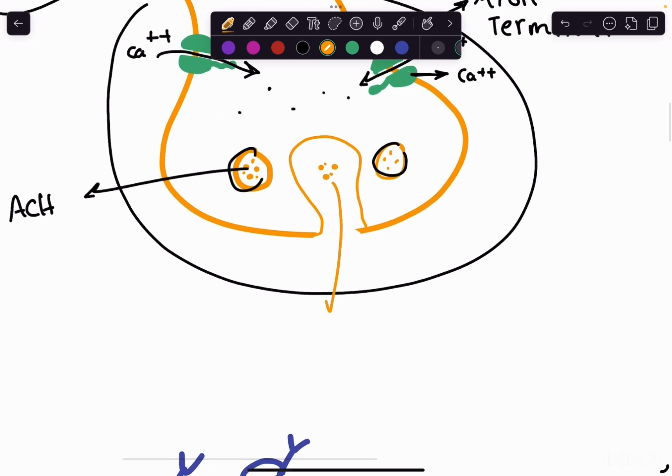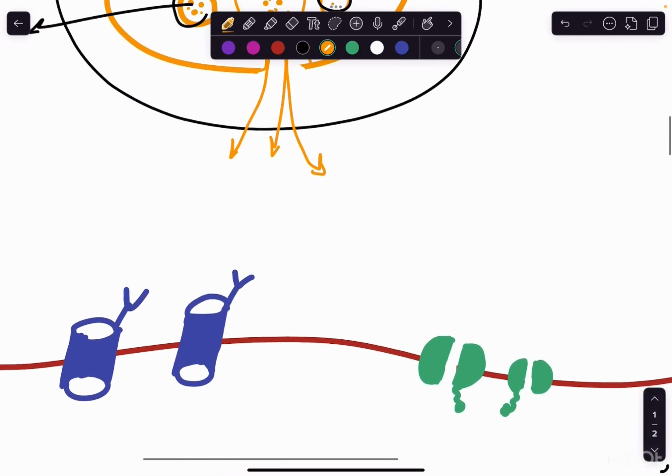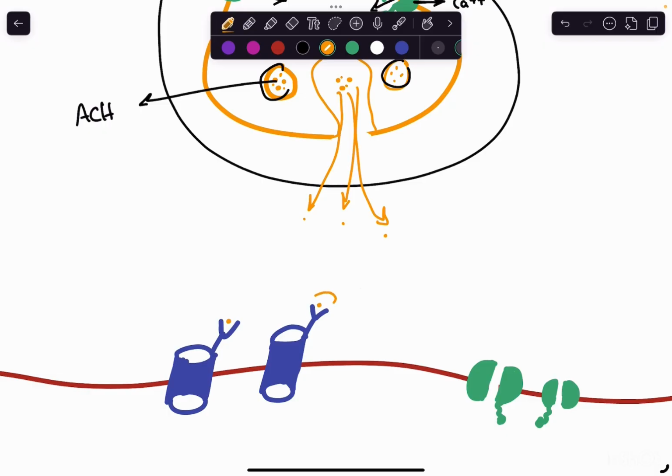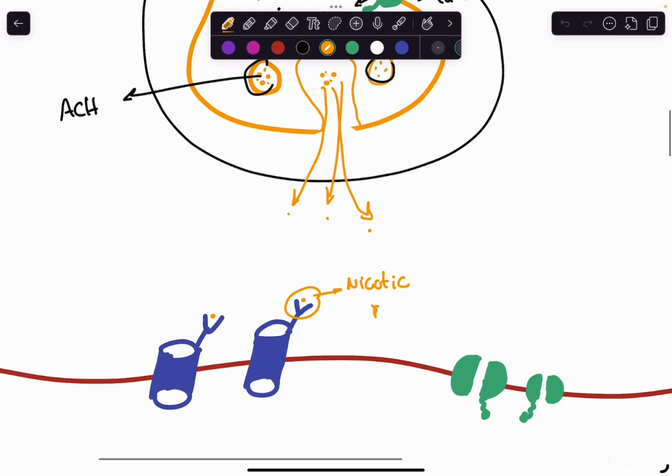So it allows acetylcholine to get outside the synaptic vesicles. Once acetylcholine exits the nerve terminal, it goes and binds to those receptors on the sarcolemma of the skeletal muscle, and those receptors are very specific and they are called nicotinic receptors.